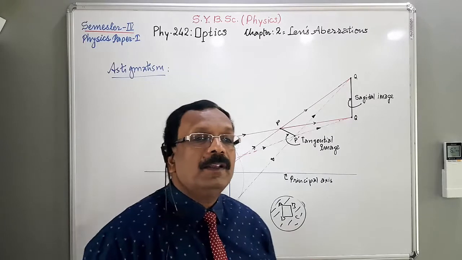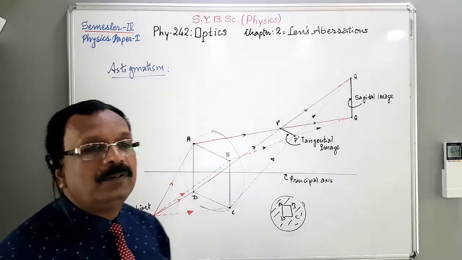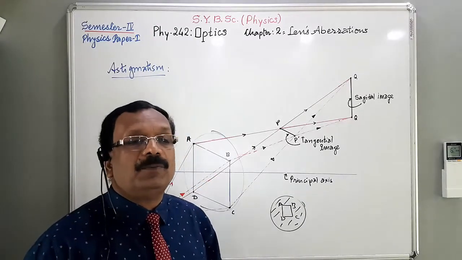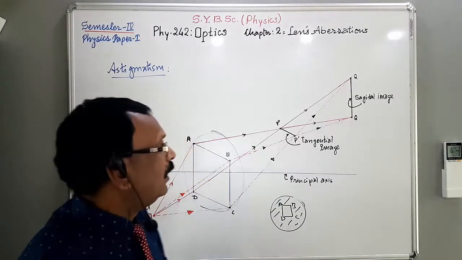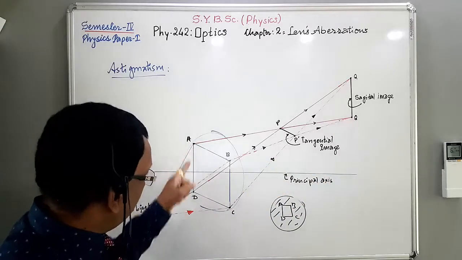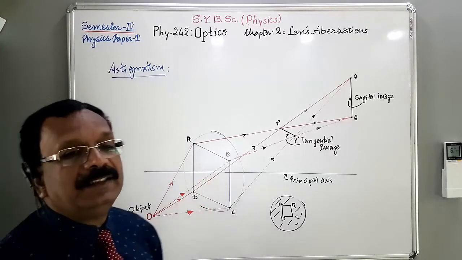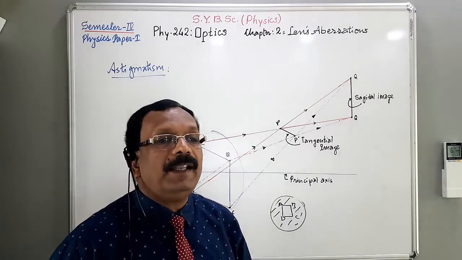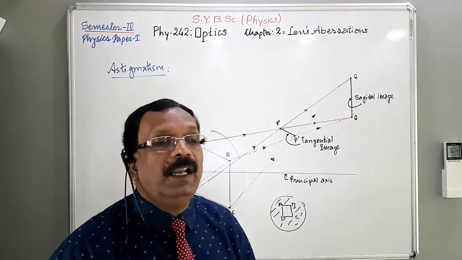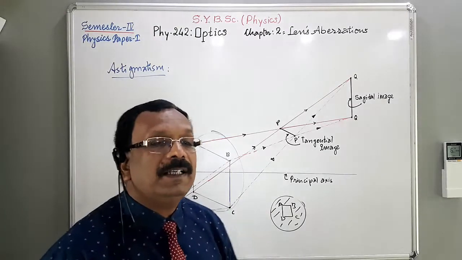Now see here, the plane passing through the point O and perpendicular to the principal axis or axis of the lens is called the tangential plane. Suppose this is the tangential plane, AD and BC. These two planes are tangential planes. Whereas the plane perpendicular to the tangential plane and passing through the principal axis is called the sagittal plane.